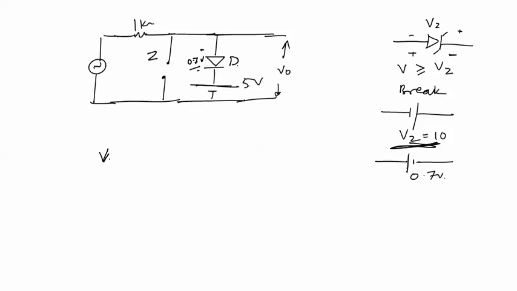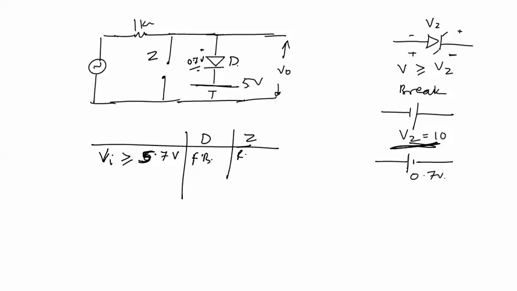So when Vi becomes greater than or equal to 5.7 volt, only then this diode is forward biased. So when Vi is greater than or equal to 5.7 volt, diode D is forward biased and the Zener diode is reverse biased but out of breakdown.